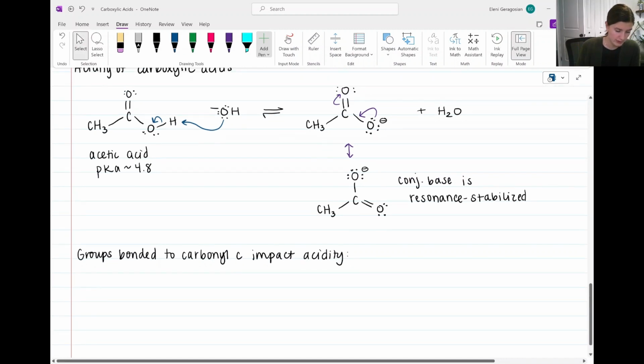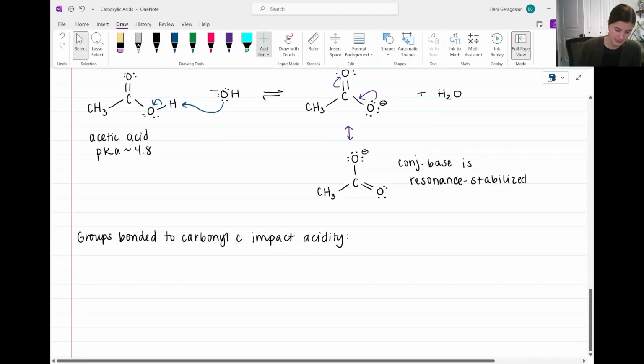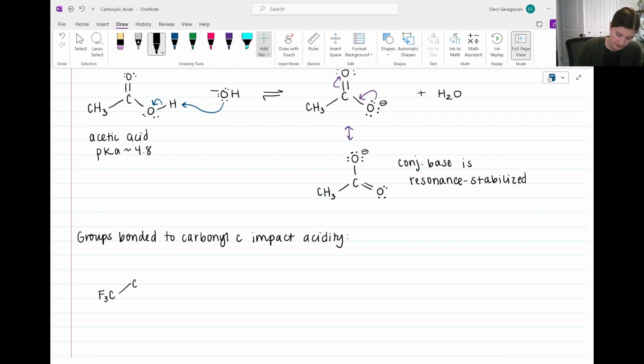We'll compare to acetic acid. So acetic acid has a pKa of 4.8, and then we'll look at these two examples. So trifluoroacetic acid, you might predict if its pKa is higher or lower than acetic acid. And then formic acid, this molecule here.